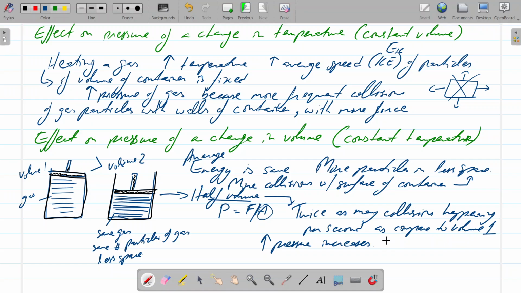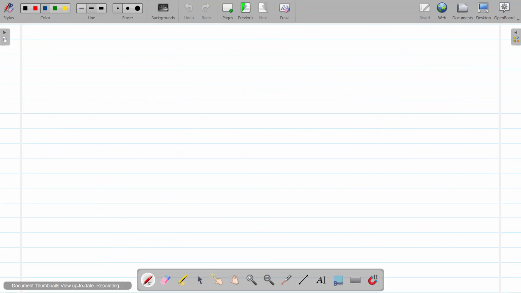In fact, what actually happens is the pressure doubles. And so with that, we will move into talking about the relationships between pressure and volume basically, the other gas laws. So there are 3 gas laws.